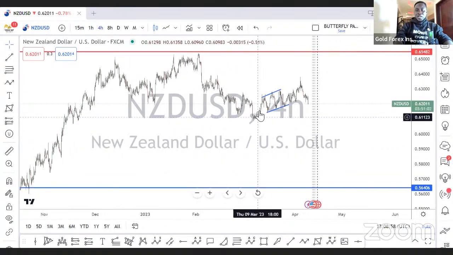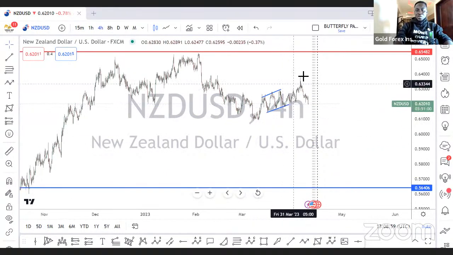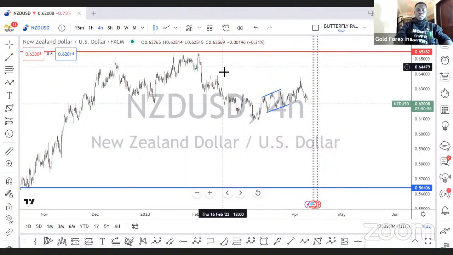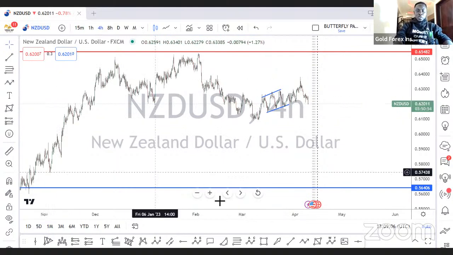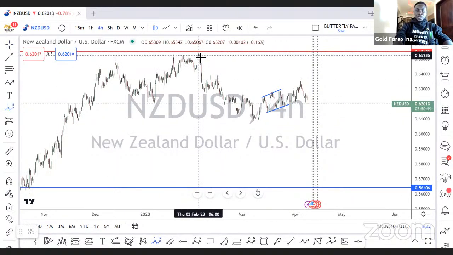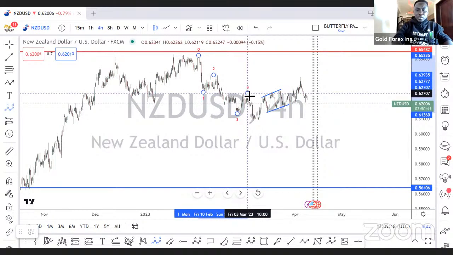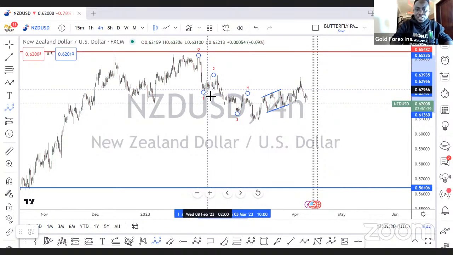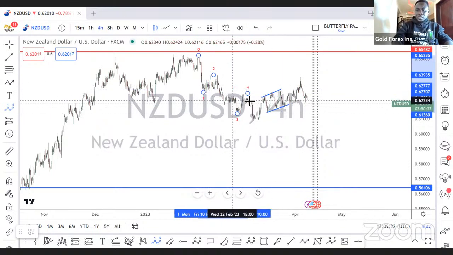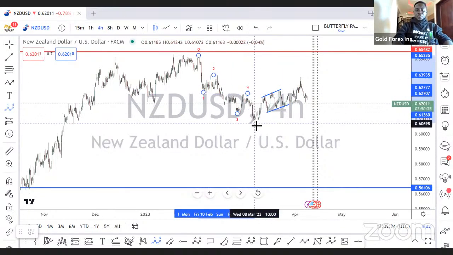This is a zigzag correction with alternations. So this was the impulsive move. So it came up like this. So from here, wave 1, wave 2, wave 3, wave 4, which did not go into the price area of wave 1. So it's still a valid wave 4, and wave 5.